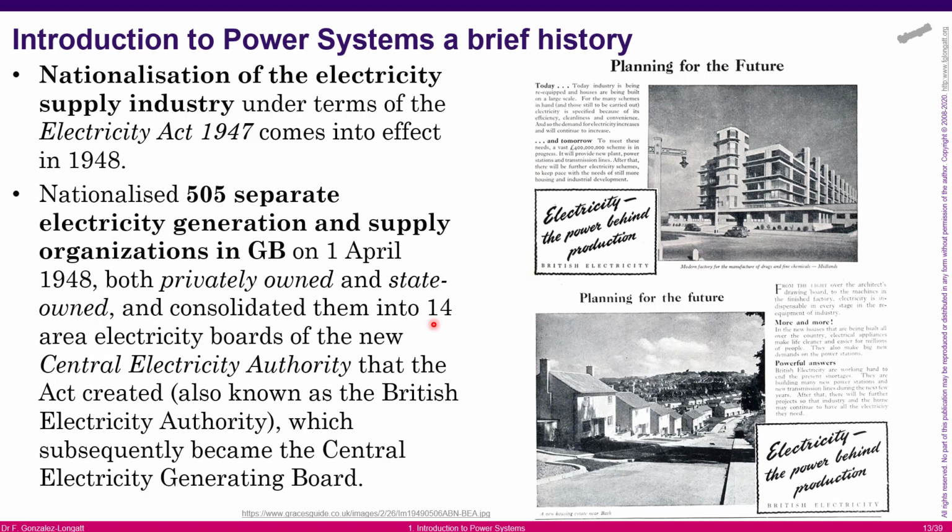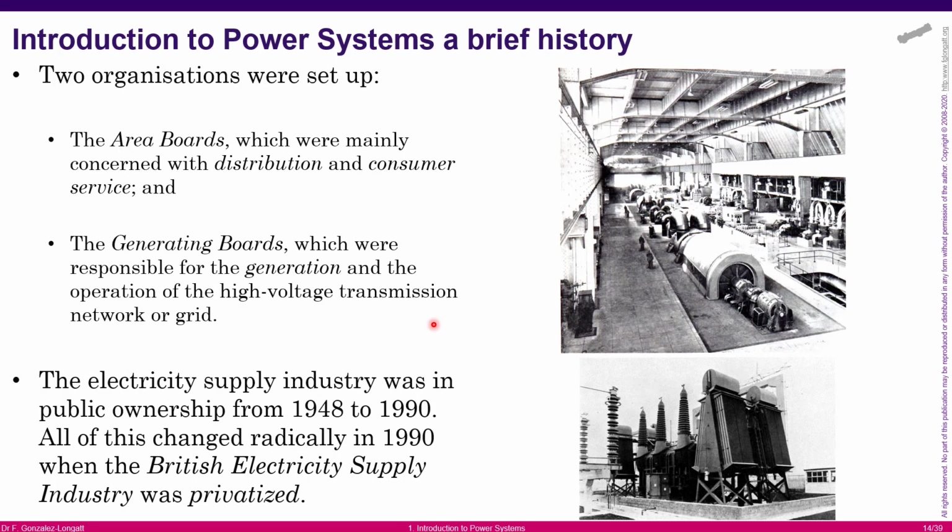The state-owned company would create 14 different areas inside the GB system, creating an authority, the Central Electricity Authority, that takes charge of the planning and operation of the electrical system. From that act, two important organizations came into being. One of them was the area boards, mainly in charge of what we know today as distribution and customers, and the generating board, in charge of what is today the full generation inside the GB system, and the transmission.